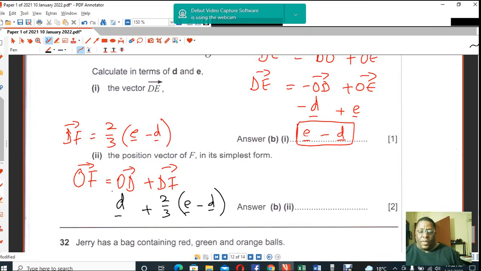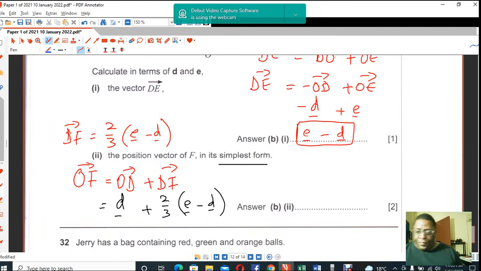So you just have to multiply out because the question wants you to simplify the answer. If you multiply this out, you should arrive at a very interesting answer. I multiply this with that one, minus 2/3 of D. Then multiply this one with the E, plus 2/3 of E. Remember there's a number in front here which is 1.